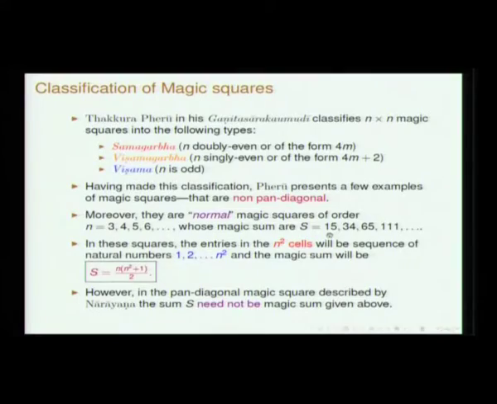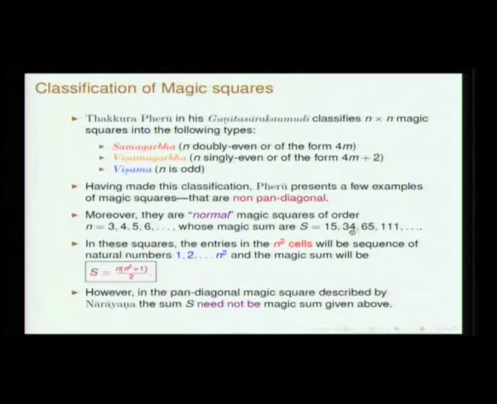One starts with the 3 by 3 square, going from 1 to n square, so 1 to 9 fill it up and you get a magic square. The sum there will be 15, and with 1 to 16 the sum will be 34, then 65 and so on. The magic sum will be n into n square plus 1 by 2.